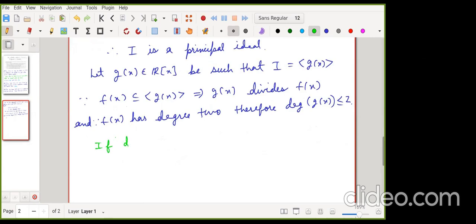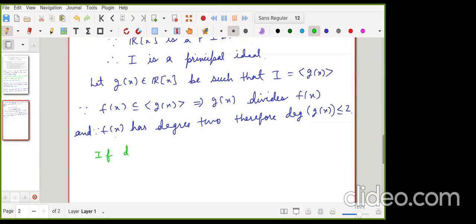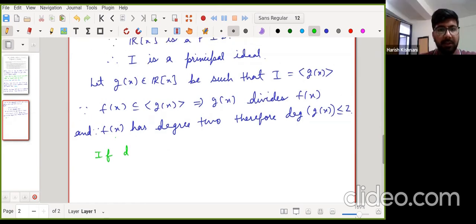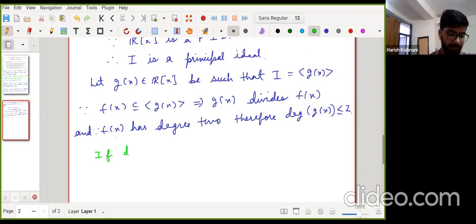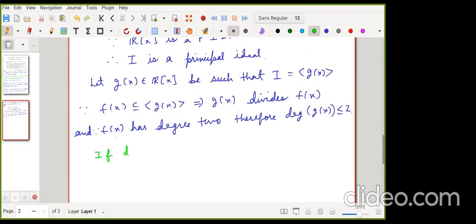f(x) is a polynomial of degree 2. Yes. Therefore, it can have a maximum of 2 irreducible factors. Yes. So the ideal generated by an irreducible factor is a maximal ideal.